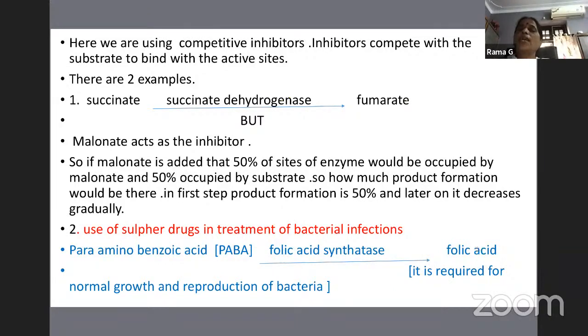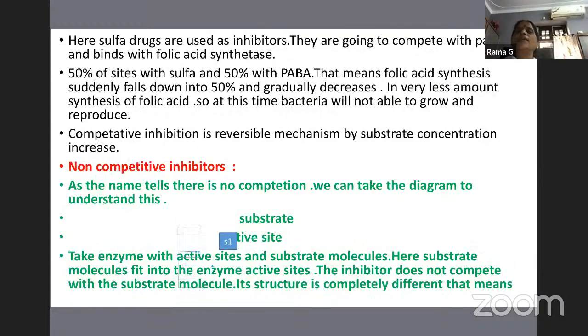Now, here sulfur drugs are used as inhibitors. They compete with the PABA and bind with the folic acid synthetase enzyme.